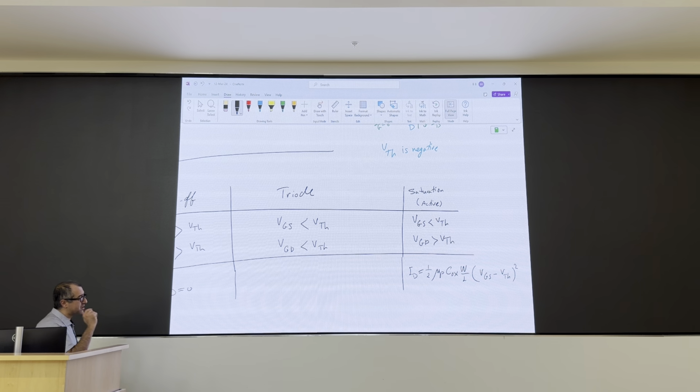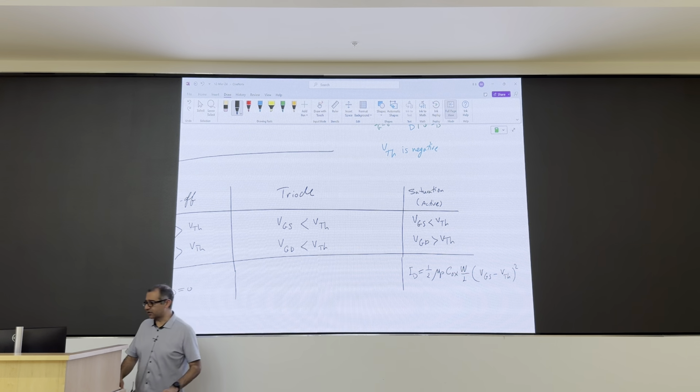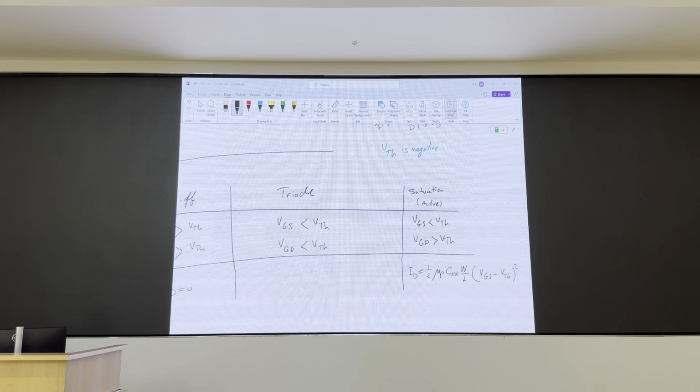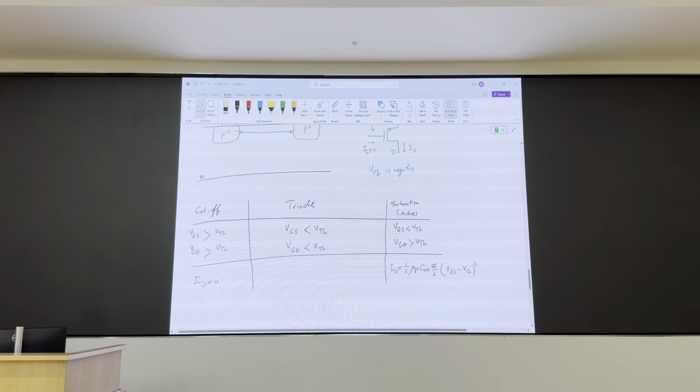I like to write it this way. And then the equation for triode is similar as well, right? Same thing. I'm going to focus on something that I find confusing in some textbooks.